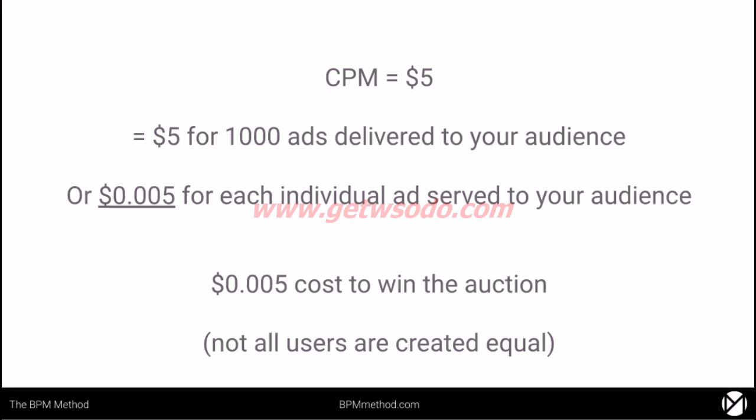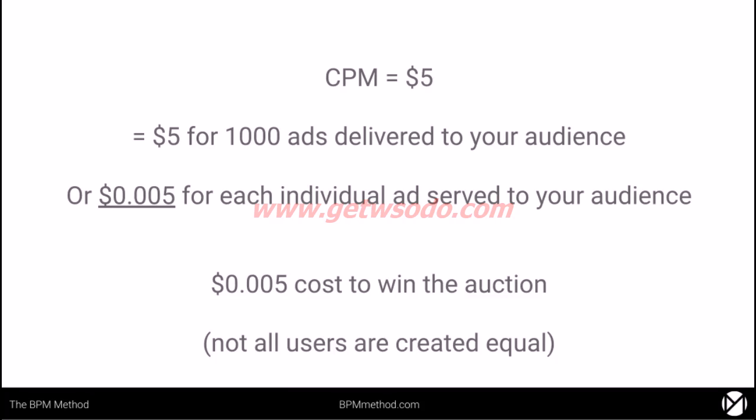So here's the thing. Let's say, for example, your CPM, your cost per thousand impressions, is $5. That means it costs you $5 to reach 1,000 impressions, not 1,000 people, but for your ad to be seen in the newsfeed, in stories, or whatever the format is, 1,000 times. So that's $0.005 for each individual ad to be shown.